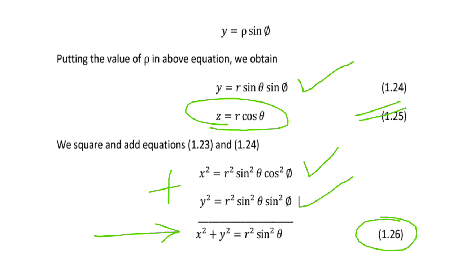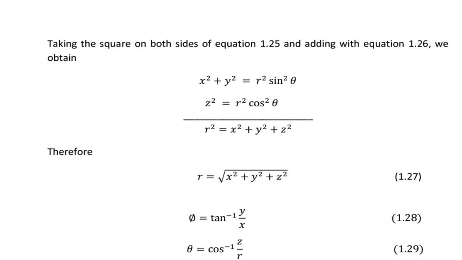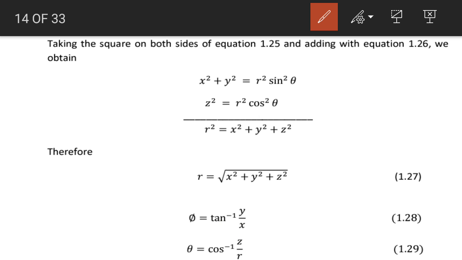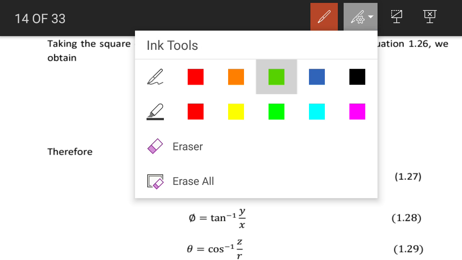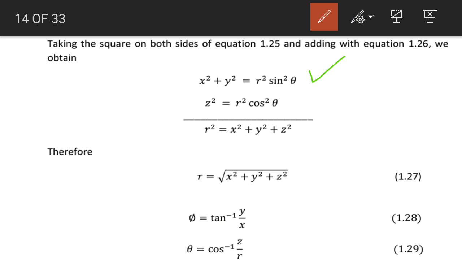So we consider these two equations now. X square plus y square is equal to r square sine square theta, and z square is equal to r square cos square theta.